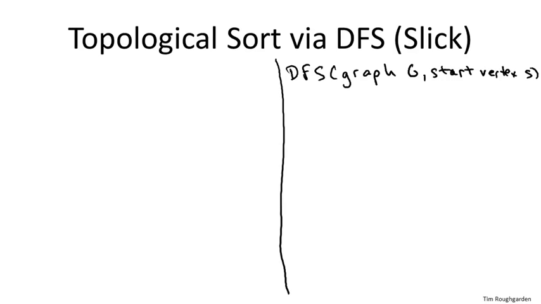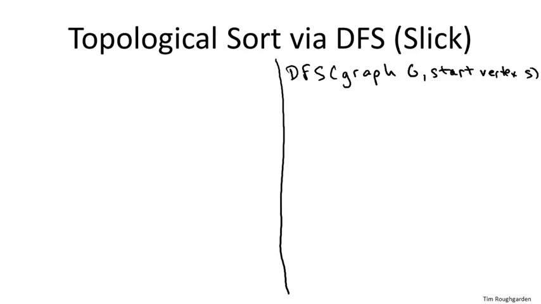But I want to conclude this video with an application of depth-first search, which is a very slick, very efficient computation of a topological ordering of a directed acyclic graph. So we're just going to make two really quite minor modifications to our previous depth-first search subroutine. The first thing is we have to embed it in a for loop, just like we did with breadth-first search when we were computing the connected components of an undirected graph.